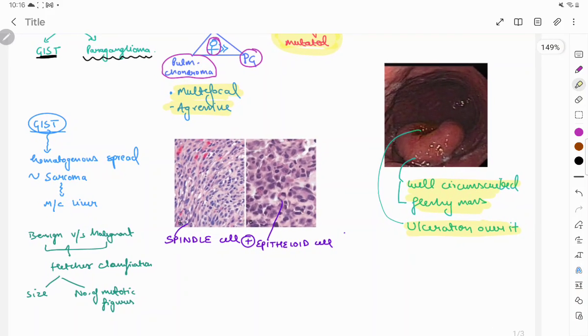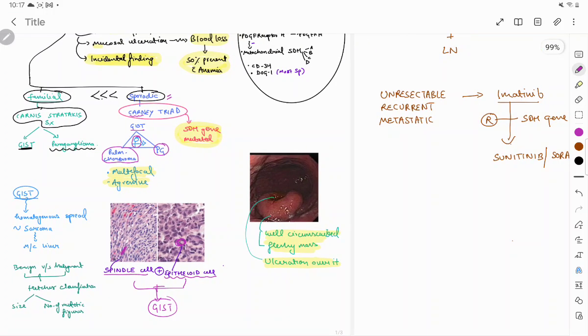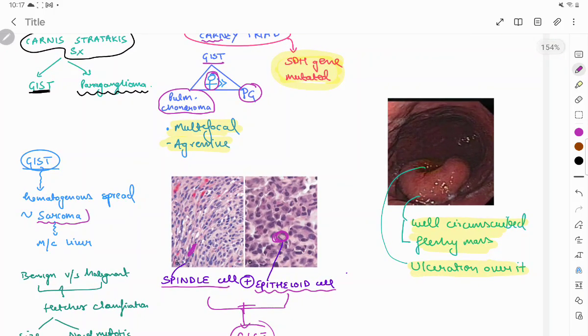Okay, on doing a histopathology you will see two kinds of cells here. One is the spindle cell, these are long and slender cells, and the other is plump cells which are epithelial like, that are epithelioid cells. The mixture of these two cells is what forms a GIST. Okay, talking about the spread, we already know this is a mesenchymal tumor and hence resembles a sarcoma and has hematogenous spread, and the most common site of the spread is our liver.